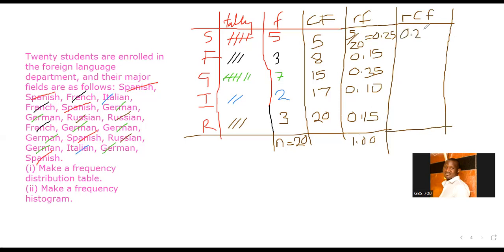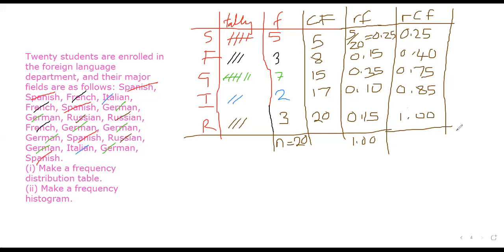Then you add on 0.15, what do we get? 0.40. 0.40, you add the 0.35, what do we get? 0.75. 0.75, when you add 0.10, we get 0.85. 0.85, we add the 0.15, we get 1.00. So this is how we draw our frequency distribution table.